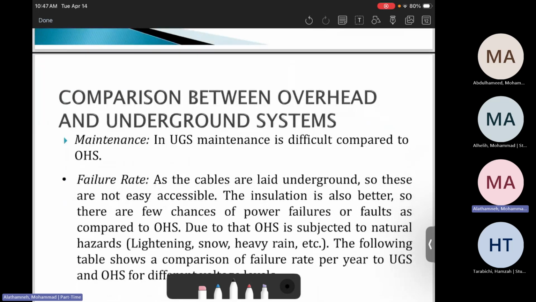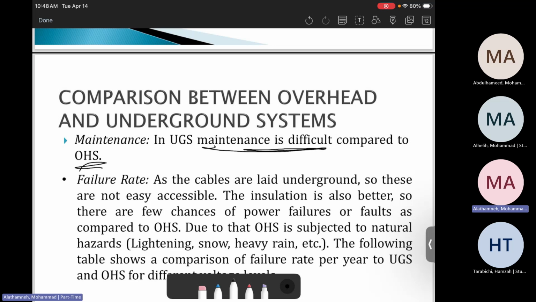The other thing, the maintenance. The underground cables or systems are difficult in maintenance, while the overhead system is easy. Why? Assume there is a fault or a line-to-line fault. When you send the maintenance team, they will search for the fault, then they will see it by their eyes. They will say, okay, one line is disconnected, then they will fix it easily.